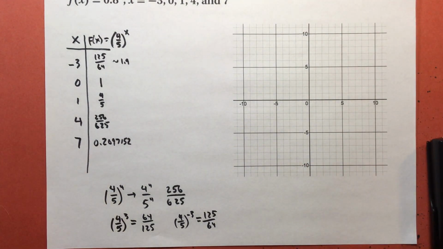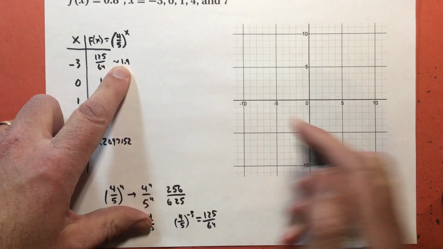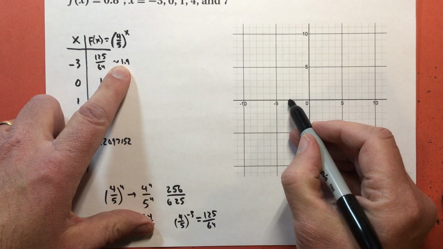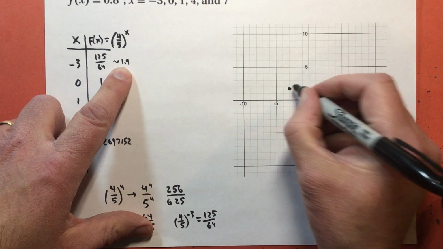If I graph that, negative 3 gives me about 1.9, so I'm going to go 1, 2, 3. That's just under 2, so that's just about right there.